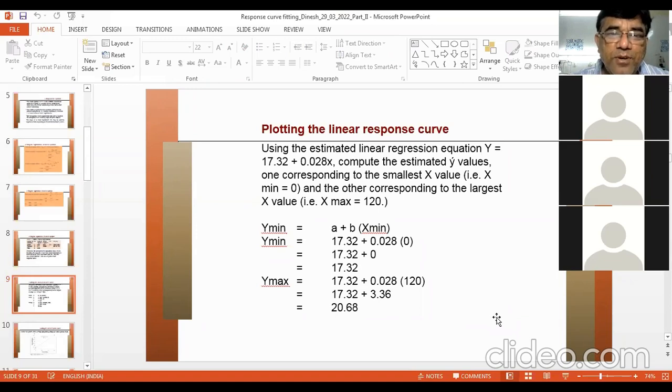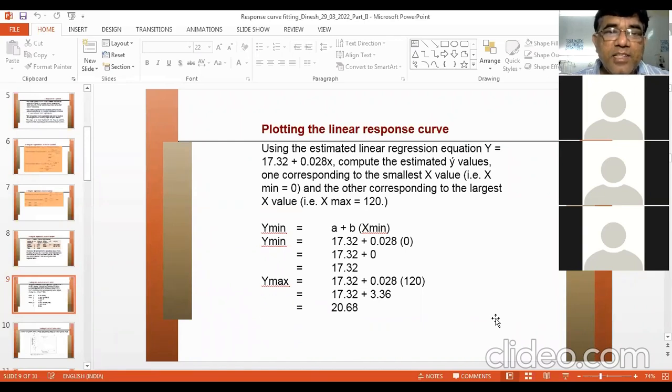Similarly y max. Because your maximum level is 120, in the equation y is equal to a plus bx, y is equal to 17.32 plus 0.028, and here you can put 120 in place of x.